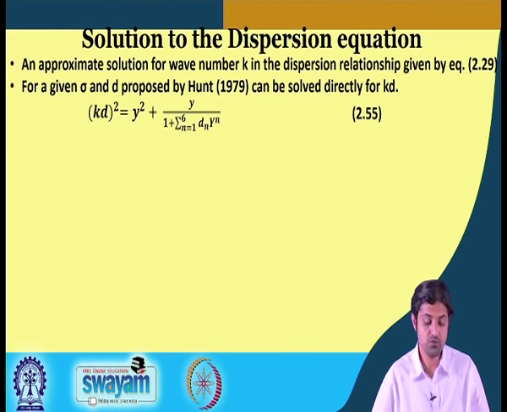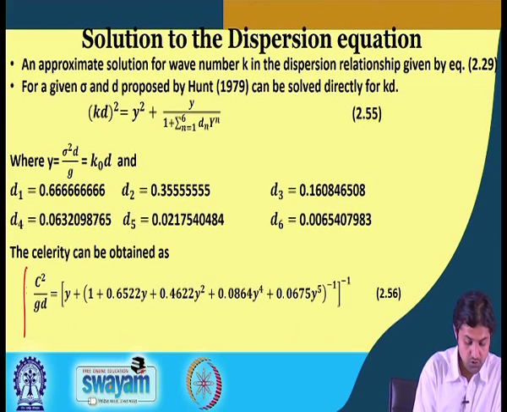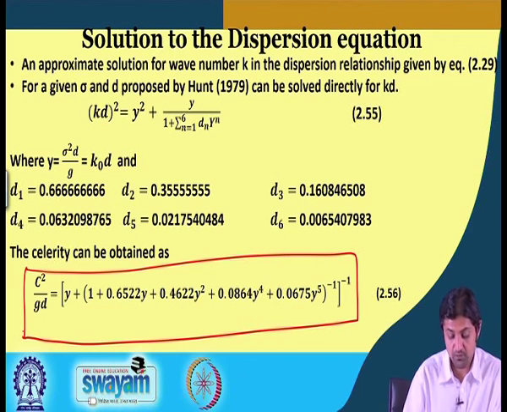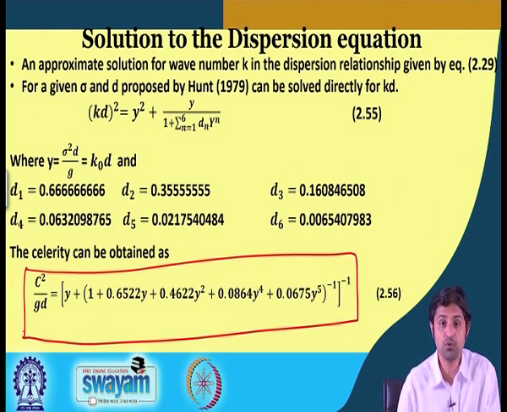He said kd squared is equal to y squared plus y divided by 1 plus the sum for n from 1 to 6 of dn y^n, and this final equation can be used in MATLAB or Excel to determine kd for different y's. So, if you put it in a computer code using MATLAB or Excel, there is no need for iteration or any other method. So, this is just for information purposes.